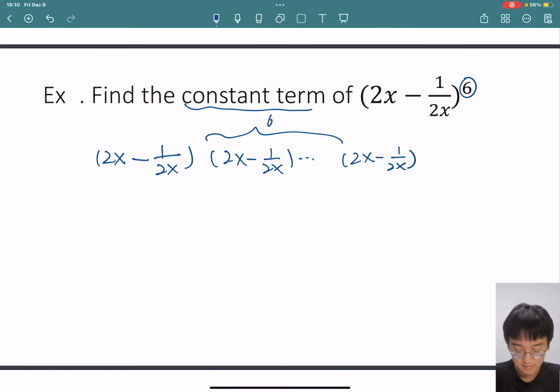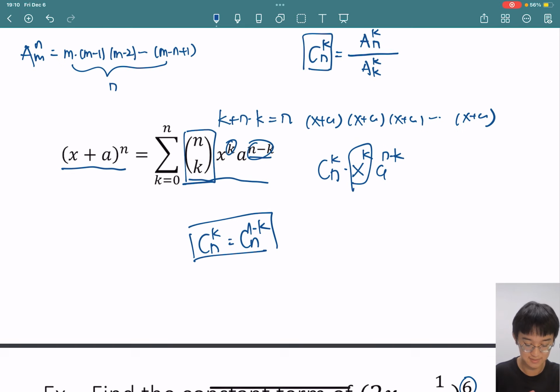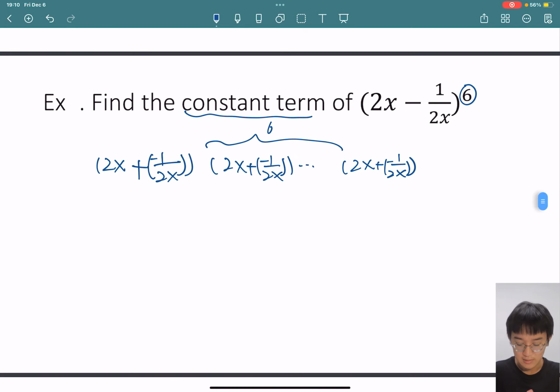So I need to choose 2x or minus 1 over 2x from each. We write it like this, plus 1, minus 1, plus, minus 1, in the form of x plus a here. So when can we get the constant term?